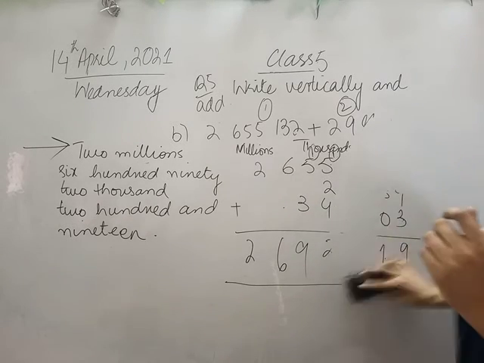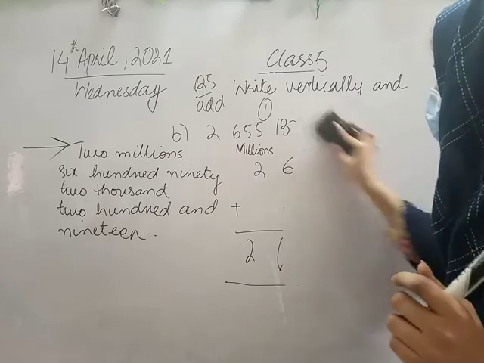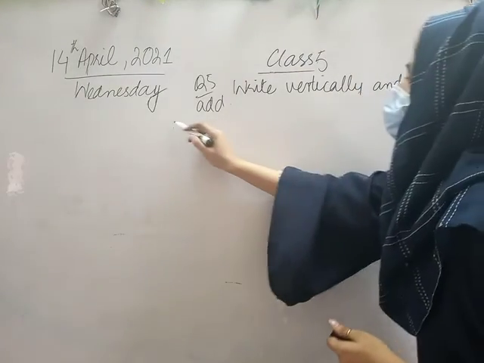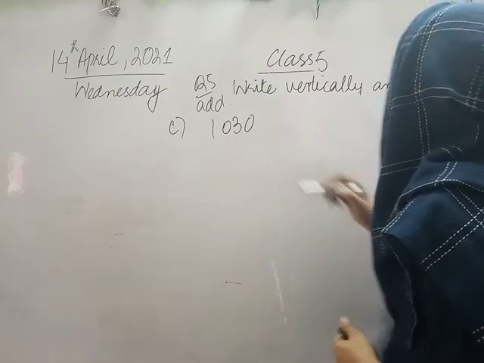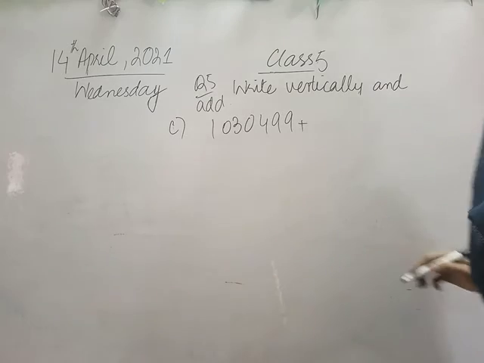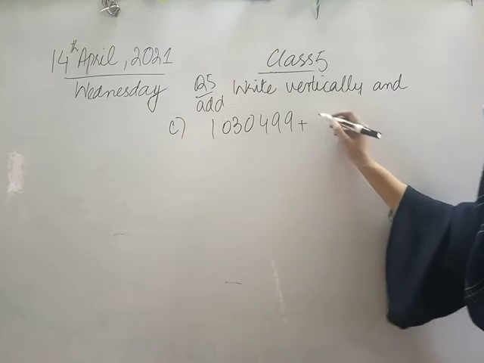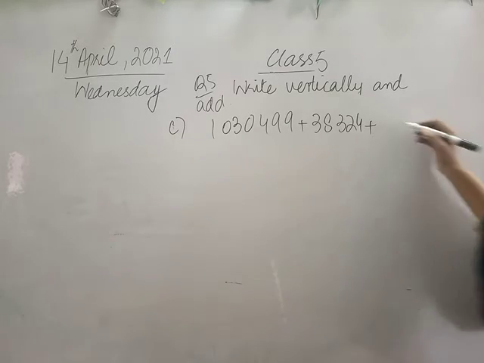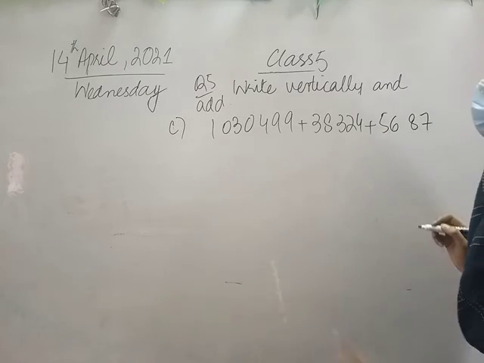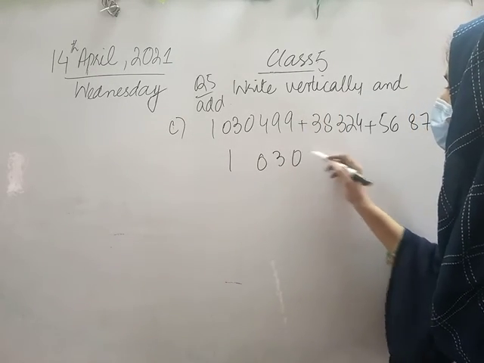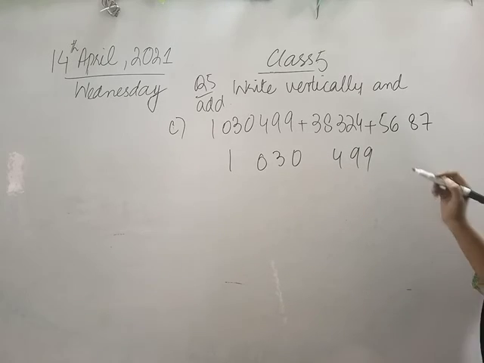Now let's take another example. 1 space 030 space 499 plus 38 space 324 plus 5687. So first of all I am going to write in vertical form, which is 1 space 030 space 499.